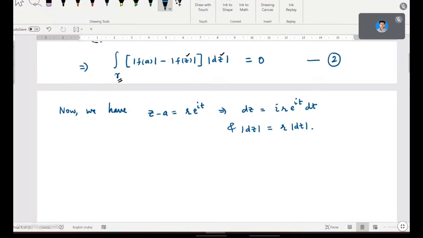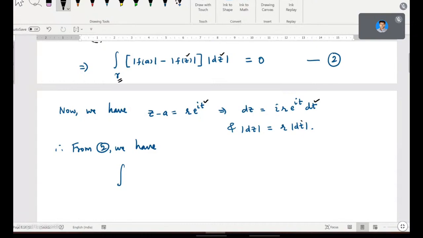Okay, sir. So on making these substitutions from 2, we have the following thing. Now we are going to change everything in terms of this real parameter t.